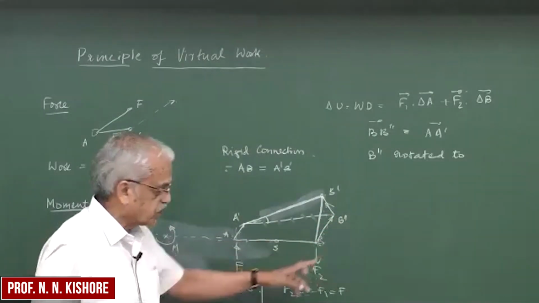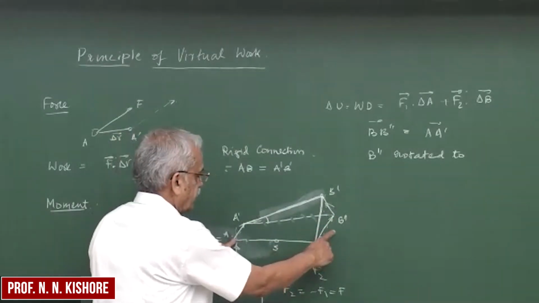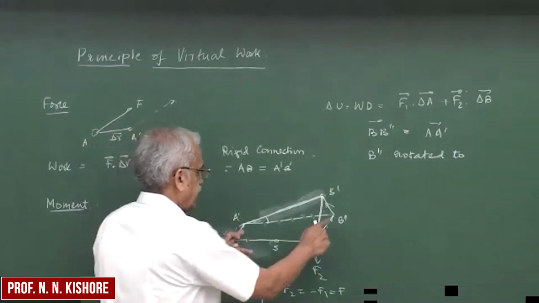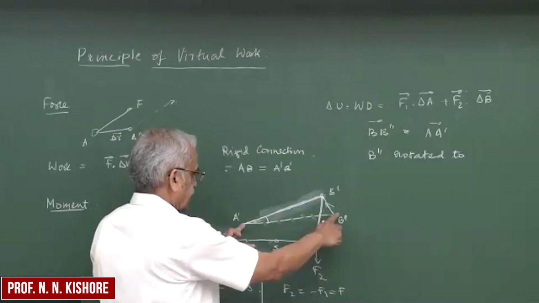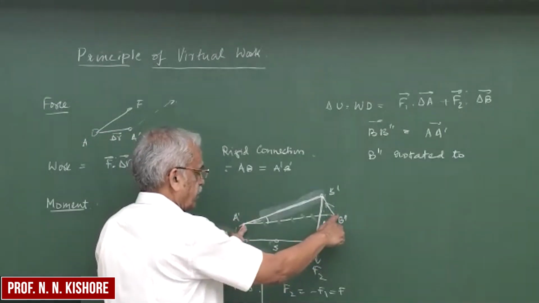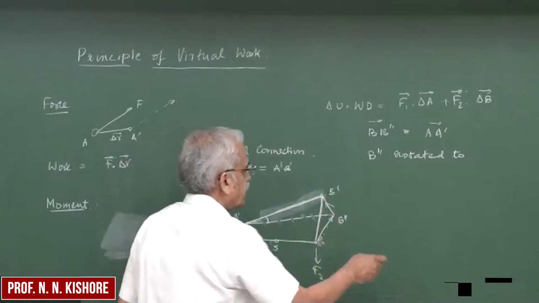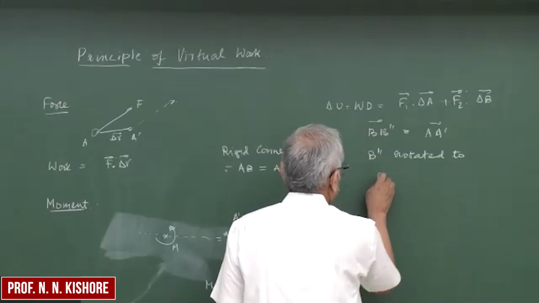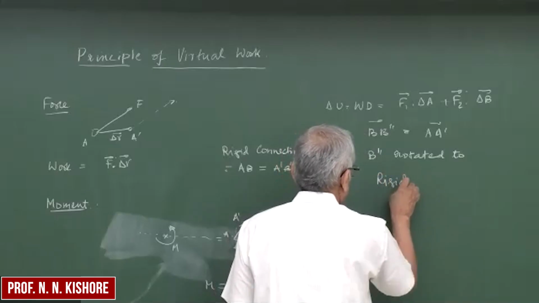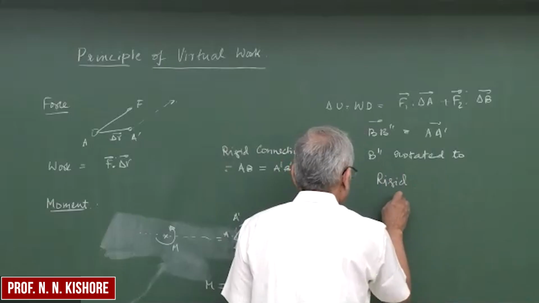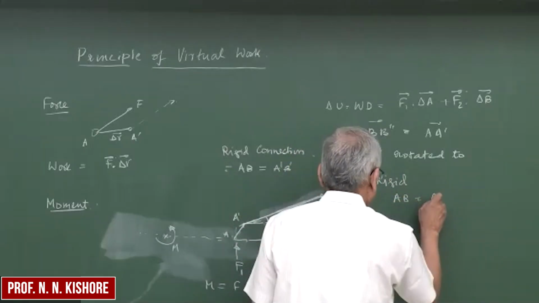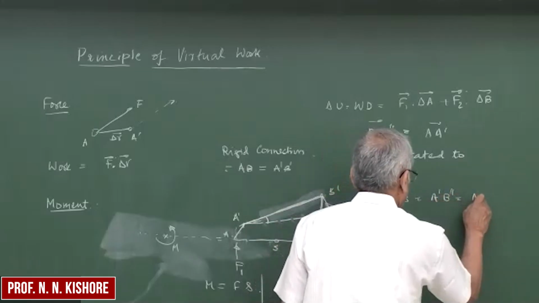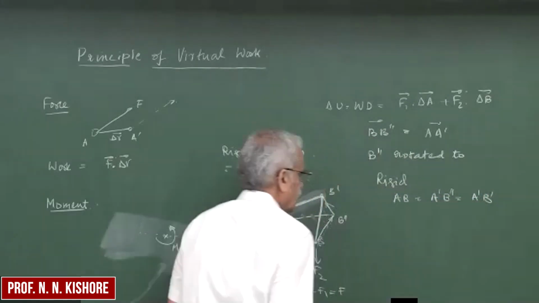So a little bit of discussion here. If these two are equal, and we know that this is a rigid connection, then A prime B double prime is also equal to A prime B prime. So this being rigid, AB is equal to A prime B double prime as well as A prime B prime.